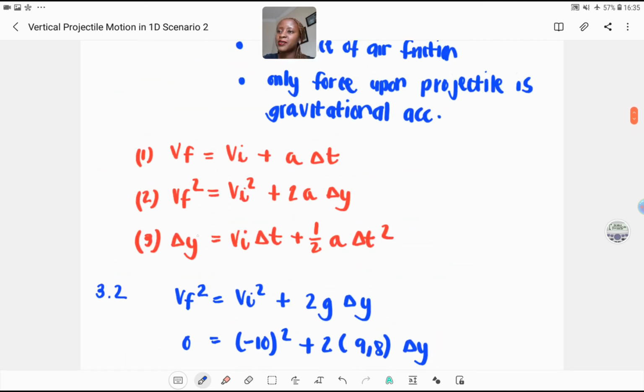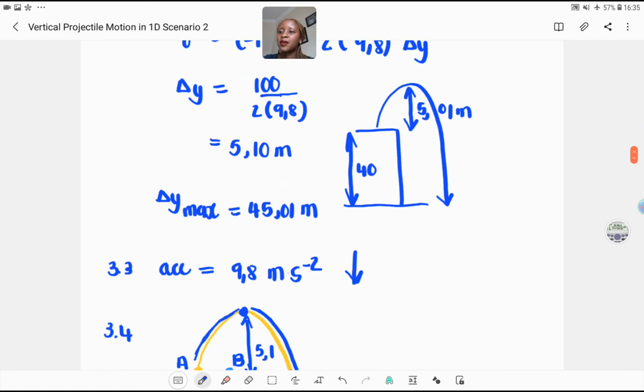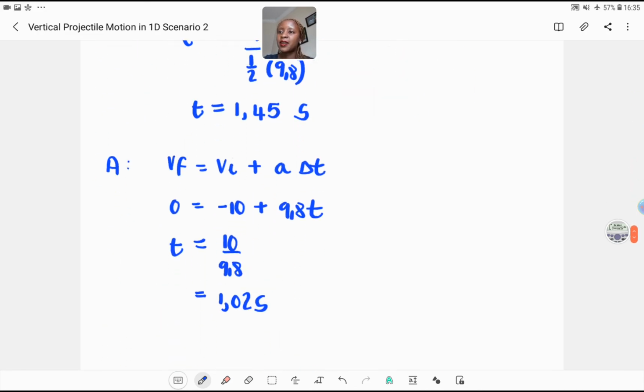So what can I use here? Initial velocity, I have the height, I can use that. Okay, so that's not bad.